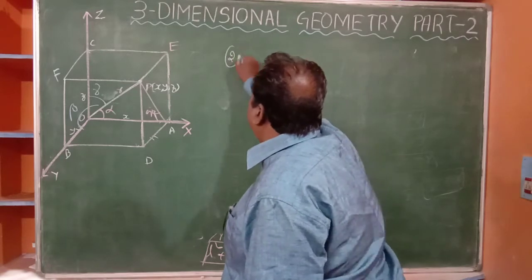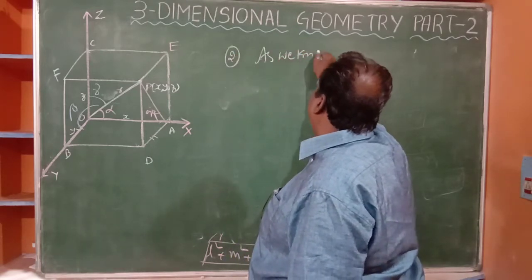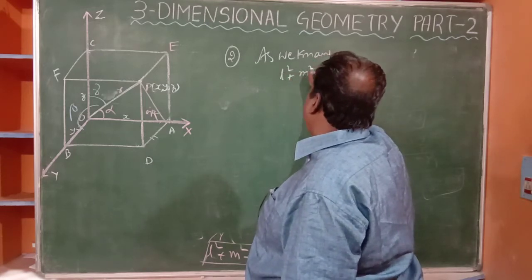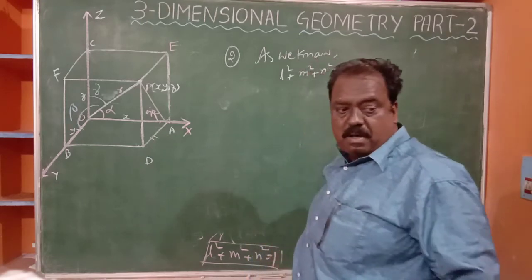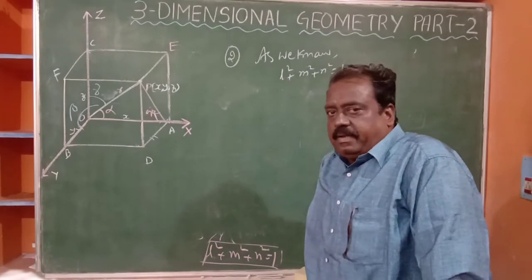Second part. As we know, l square plus m square plus n square is equal to 1, the sum of squares of the DCs of any line.